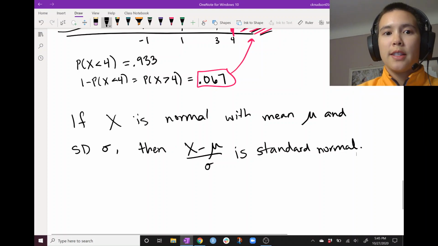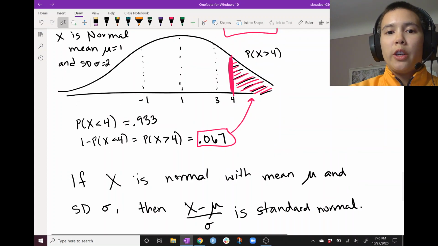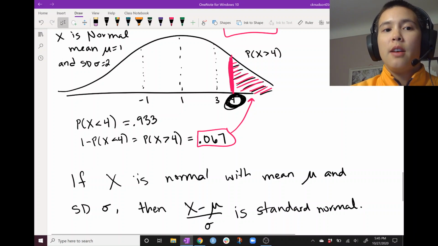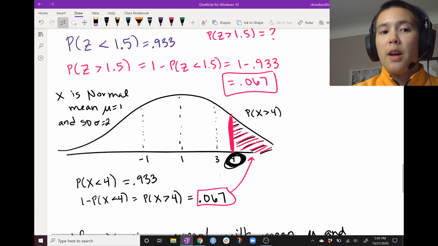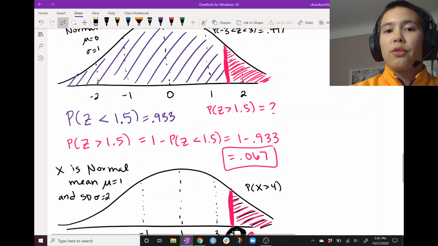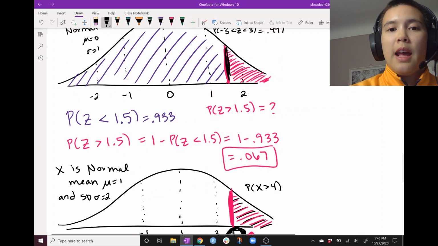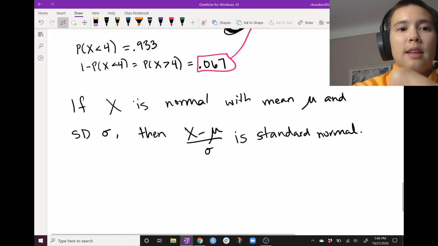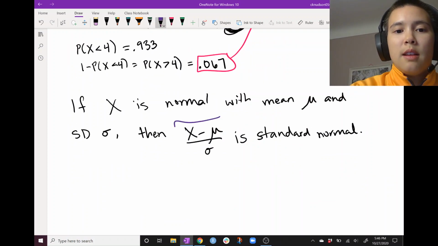So let's check this out. Earlier, we were interested in the value 4. Let's see how 4 on the normal with mean 1, standard deviation 2, is related to the value 1.5 on a standard normal. So let's take this and plug in some values.